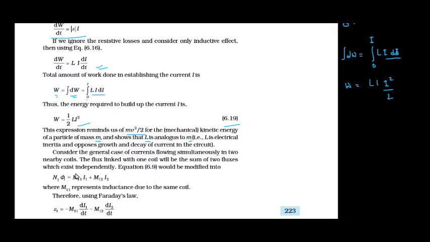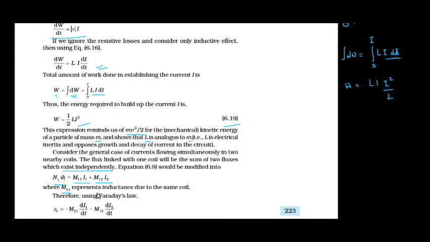which exist independently. Equation 6.9 would be modified into N1 phi 1 equals M11 I1 plus M12 I2, where M11 represents the inductance due to the same coil.